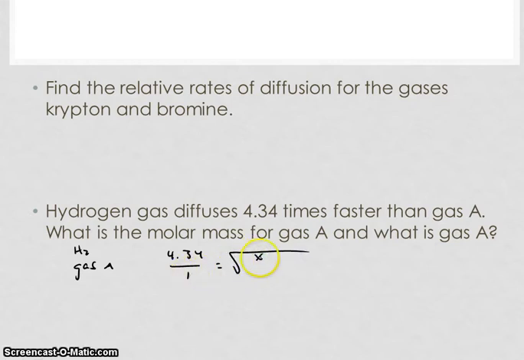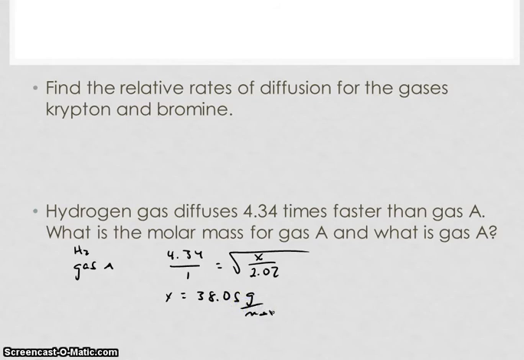We don't know the mass of gas A, but hydrogen, which is diatomic, is 2.02. So we would square both sides, then multiply both sides by 2.02, and we would get a molar mass for our unknown gas to be 38.05 grams per mole.